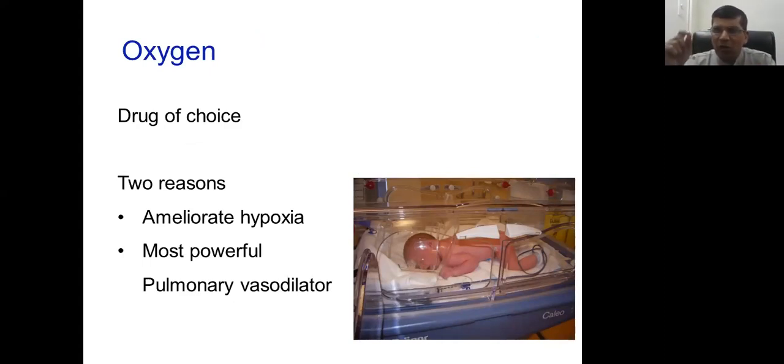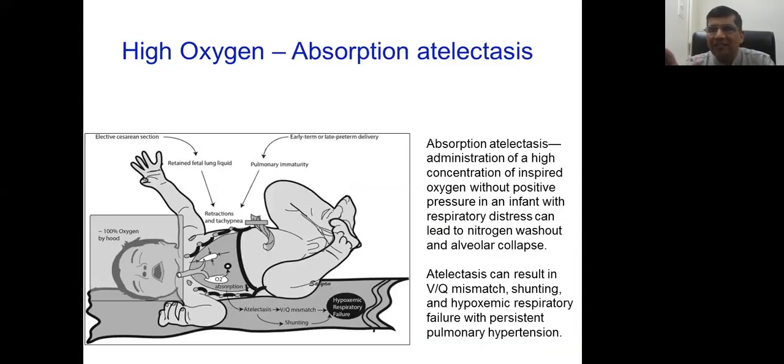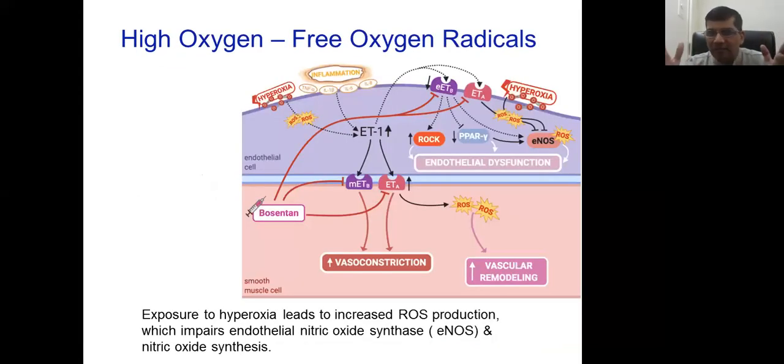So when we say oxygen is a powerful vasodilator, we need to avoid very high oxygen, because high oxygen creates free oxygen radicals, and these radicals impair the endothelial nitric oxide synthesis.